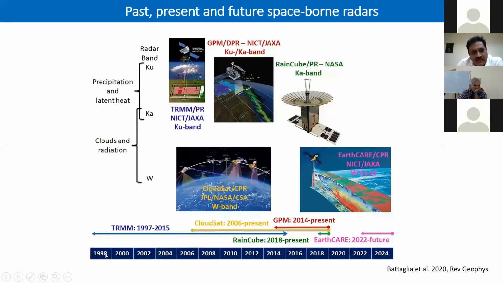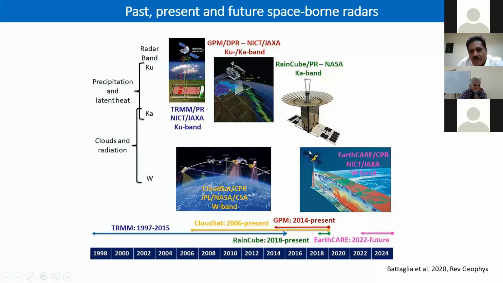So this is how spaceborne radars have evolved. It started with TRMM, and then you have GPM, and also CloudSat. And recently NASA has launched an experimental satellite called RainCube. It's a Ka-band radar, a very small radar, actually a few kilograms in weight.